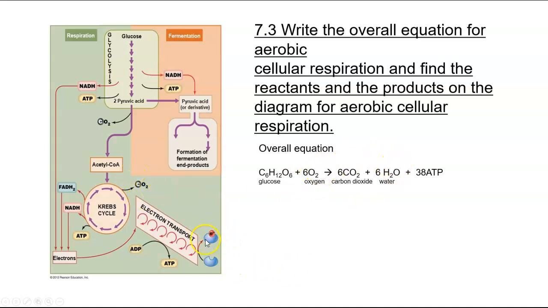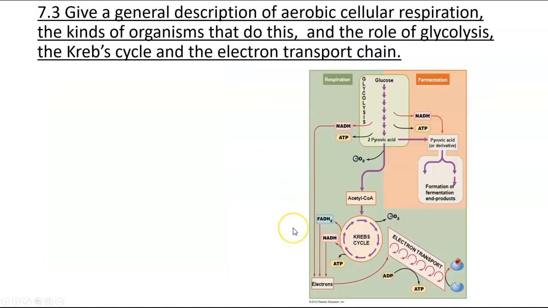Water, right here, H2O. The oxygen is going to react with this molecule here, and you're going to generate water. And then ATP, you can see some ATP here, and some down here. So you can find the products and reactants in this diagram.